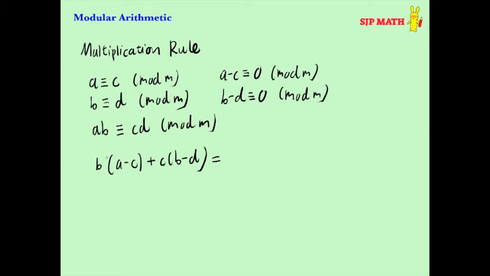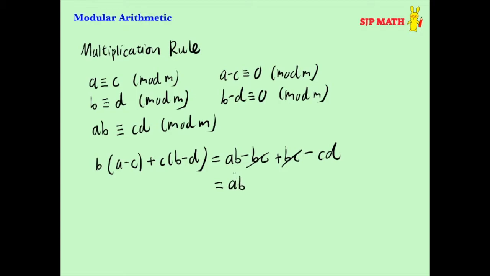So first, let's expand the brackets and simplify this expression. A times B minus B times C plus B times C minus C times D. And we see that the B times C's cancel out.